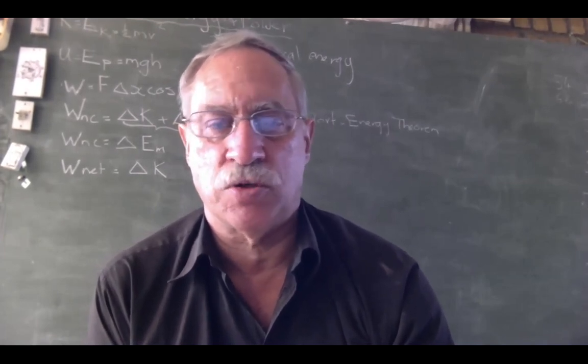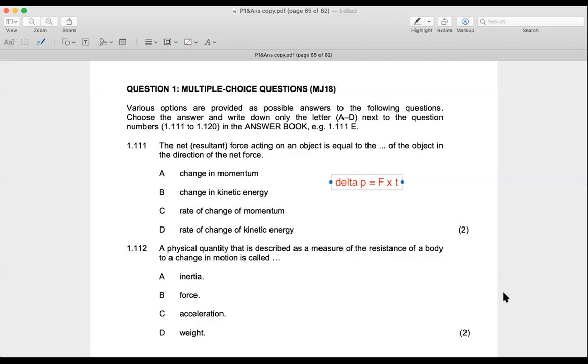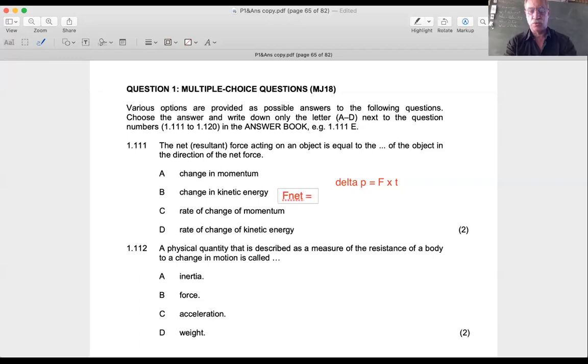Let's go to this question. Okay, this question I know caught me the other day. So we've got force times time is delta P. So if I rearrange that, net force is going to be equal to delta P upon t.